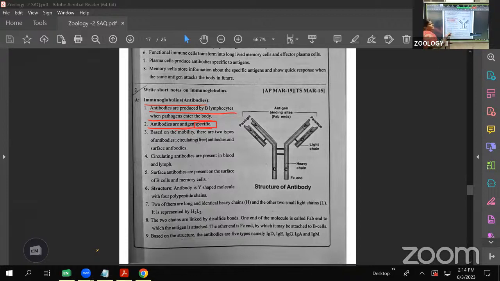Next, based on the mobility, based on the movement, there are two types of antibodies. What are they? Here I am writing. See this one. The two types of antibodies present are called circulating antibodies and surface antibodies.